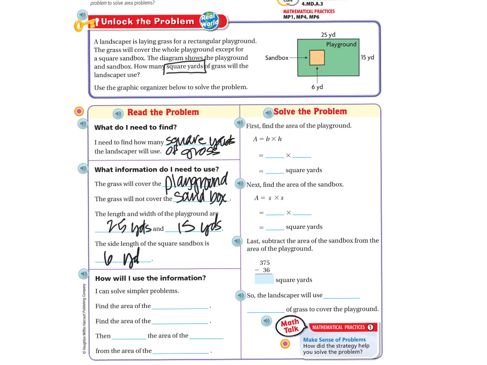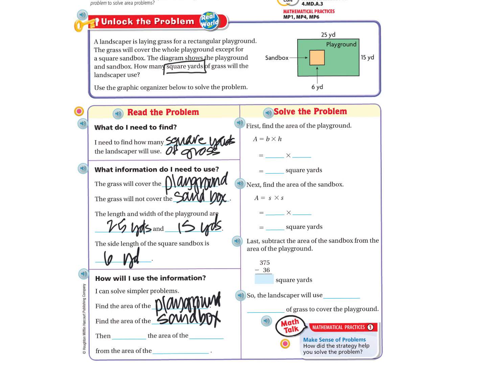First of all, we're going to find the area of the playground. If I write, you write. And then we're going to find the area of the sandbox. If I write, you write. Okay? Then, what are we going to do?